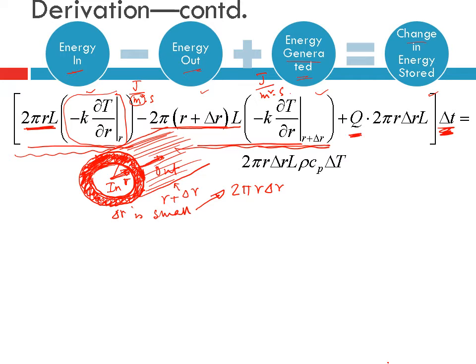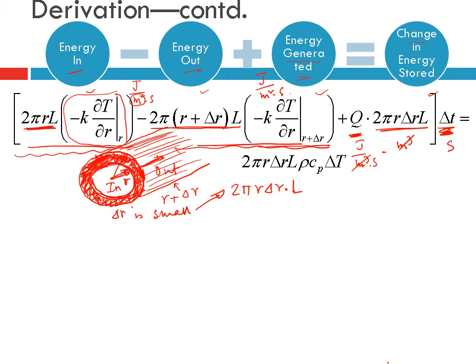So 2 pi r delta r is the area, times the length is the volume. So this is the volume. So joules per meter cube per second times meter cube, the meter cube cancels, so we have joules per second multiplied by seconds here, that gives me joules.